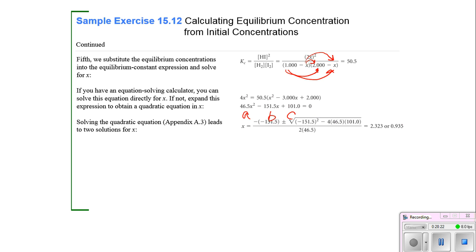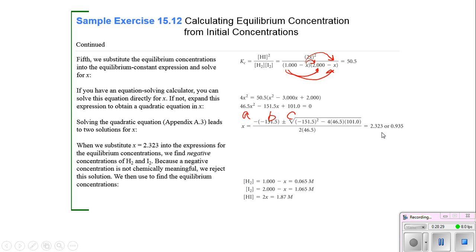And basically what we're going to do is now we're going to substitute in the 2.323 in for x for H2 and I2. But notice whenever we do that, that means we're going to get a negative number, and we can't have a negative concentration for H2 and I2.